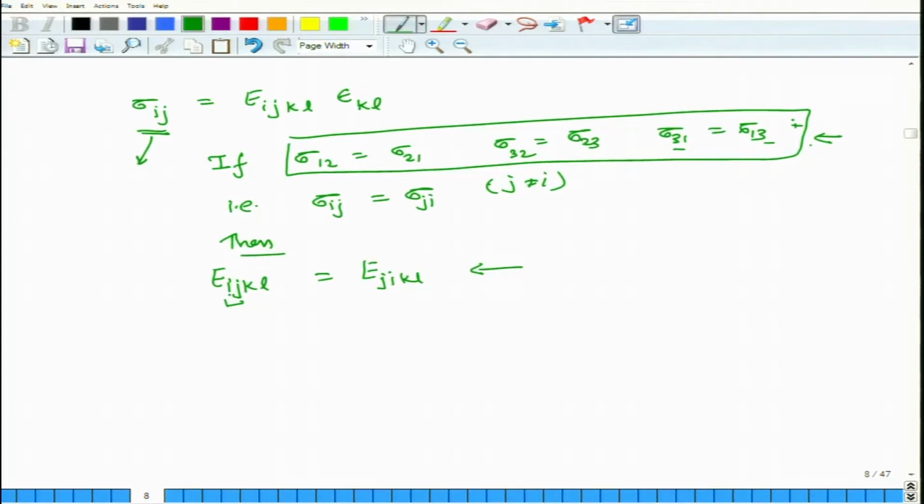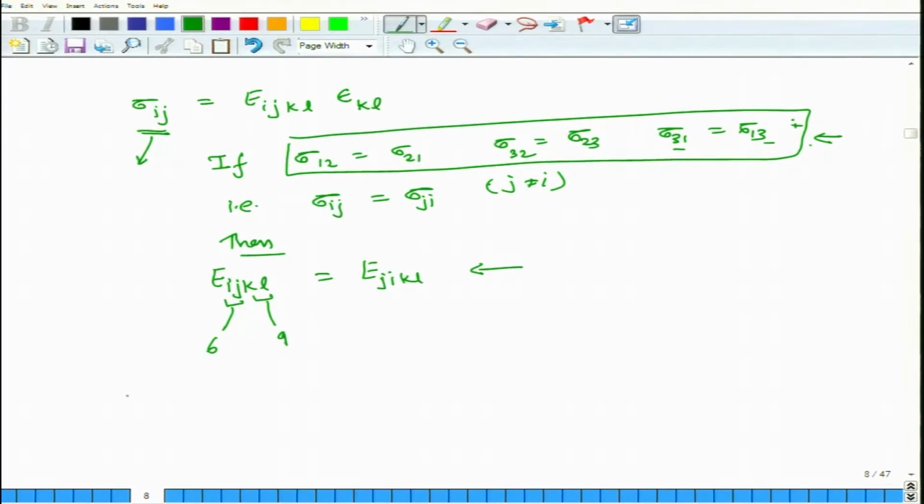So, initially indices i and j were collectively responsible for 9 different combinations, right. i was responsible for 3 combinations, j was for 3, so 3 times 3 is 9. Now, these things become 6, right, and this is still 9.